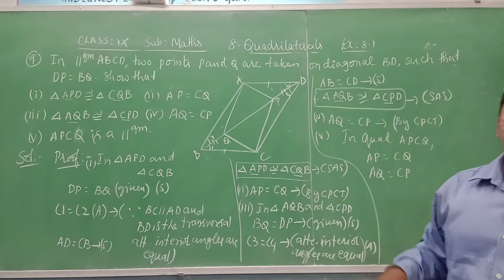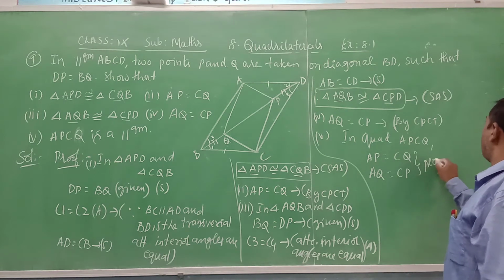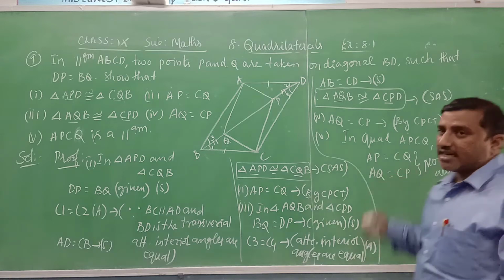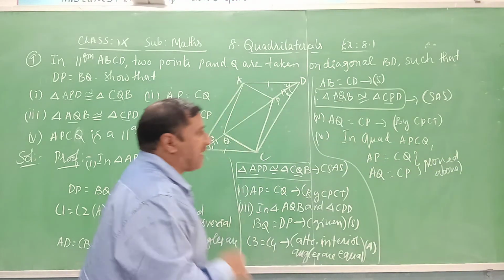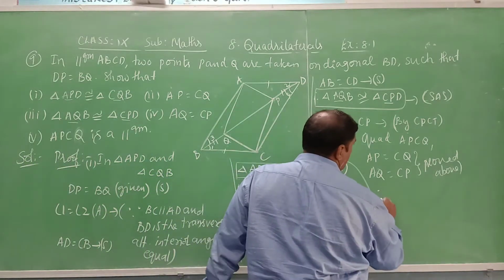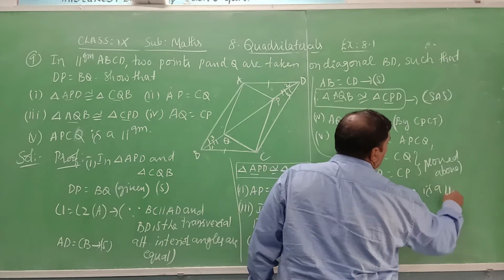Both these are opposite sides, and opposite sides are equal, proved above. Now we can say that it is a parallelogram because two pairs of opposite sides are equal. So therefore, ABCQ is a parallelogram.